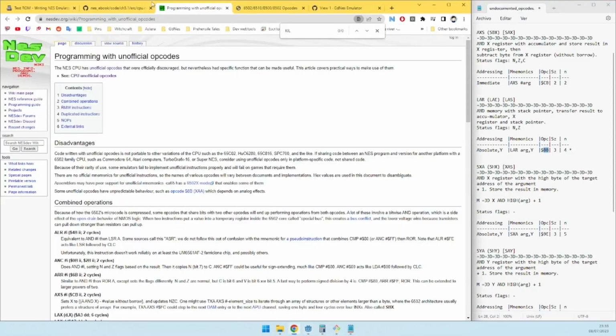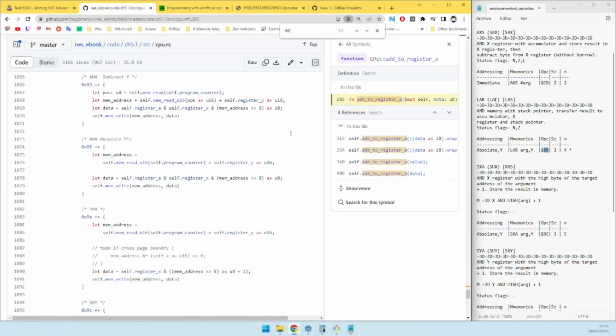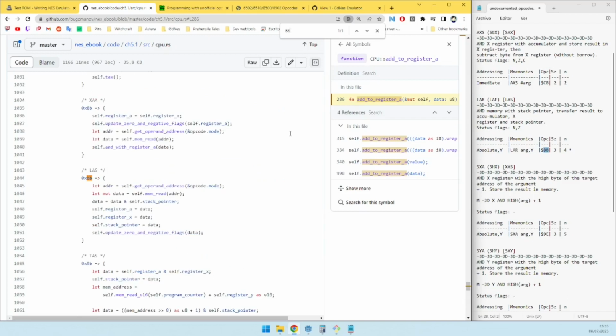From here: get the address, get the value, add it to the stack pointer, store it into A and X registers, update the stack pointer, and update zero and negative.